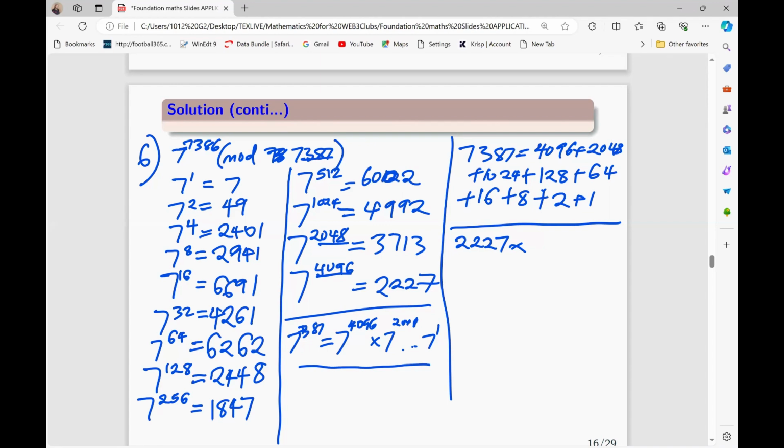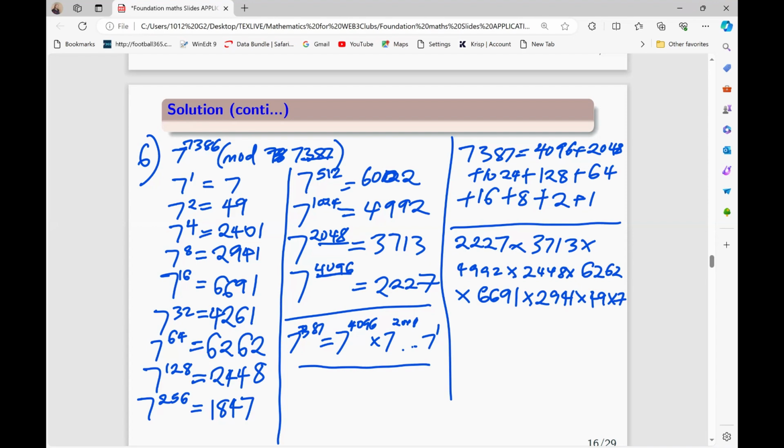So 2227 times 3713 times 1424 is 4992 times 128, 2448 times 64, 6262 times 16, 6691 times 8, 2941, then for 2, 49, then for 1, 47.